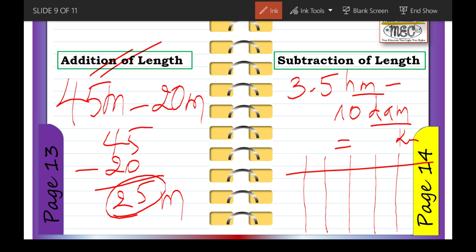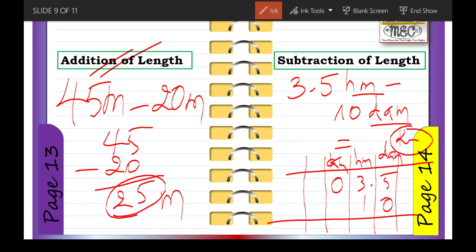In our conversion table, we fill in with the given units: decameter, hectometer, and then kilometer. We are given 3.5 hectometers. We are also given 10 decameters. Remember that we give the answer in kilometers, so we must convert this one into kilometers. We delete this decimal point, and then you convert this one in kilometers with a decimal point.